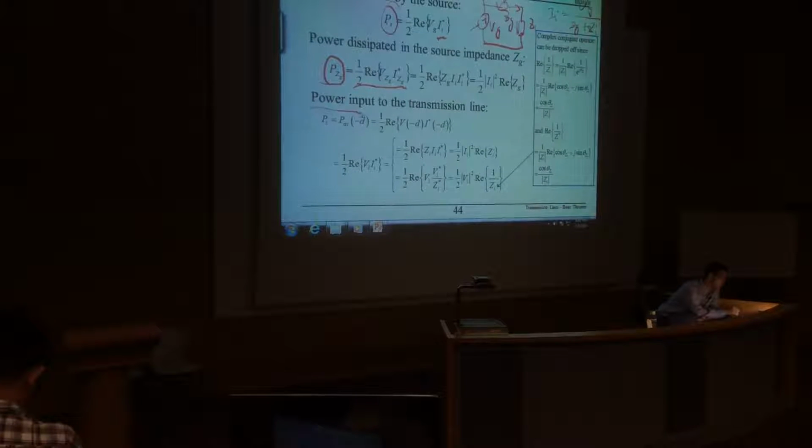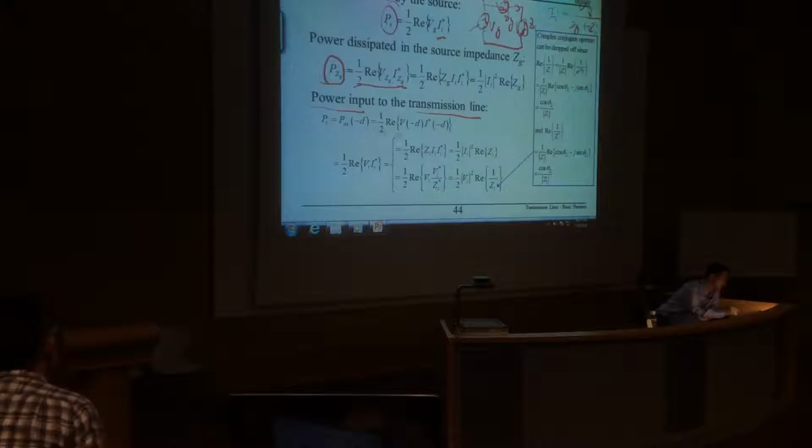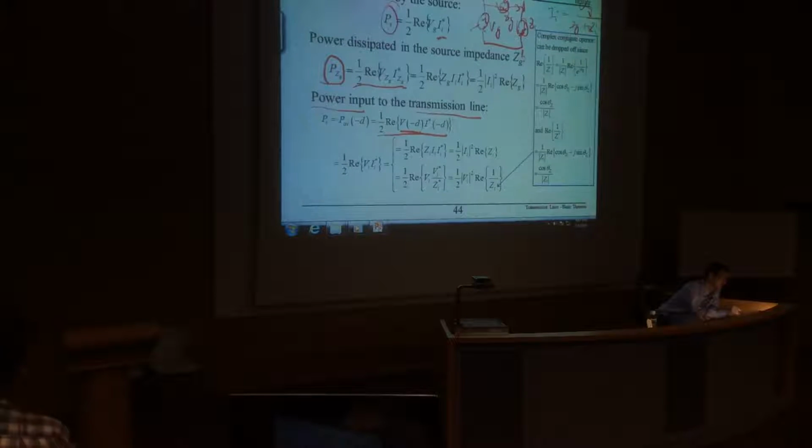Now, power input to the transmission line. The power produced will be consumed by this and this, right? This is produced, then consumed by this and by this. So the power input to the transmission line actually is equal to this. This is the total voltage at this location, and this is the current at this location.